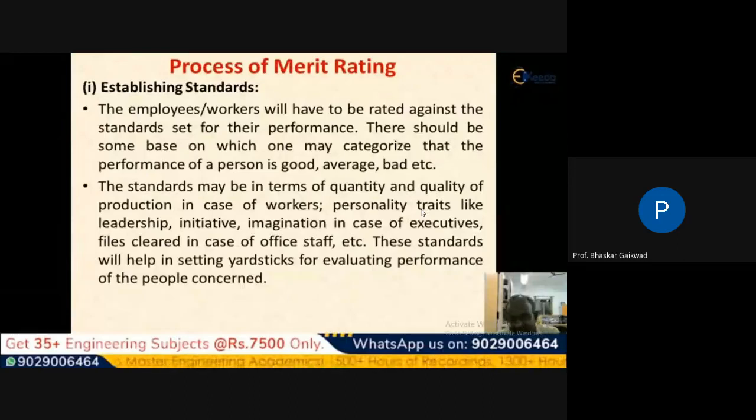That standardization value is compared with the performance, and I am going to divide it as good, bad, or average. Let me put it in simple words. For a quality check, a person needs 15 minutes to do the particular job.